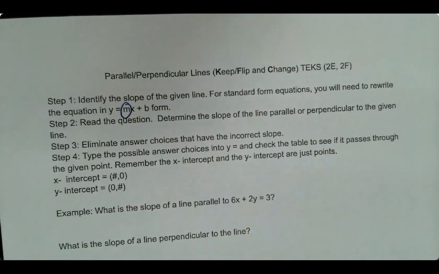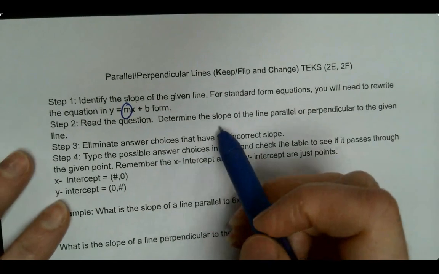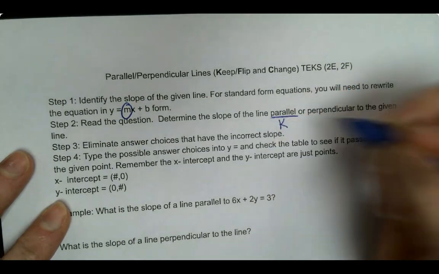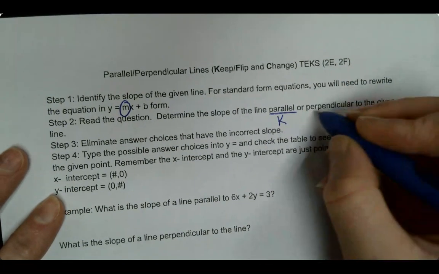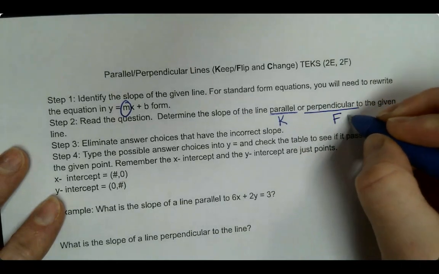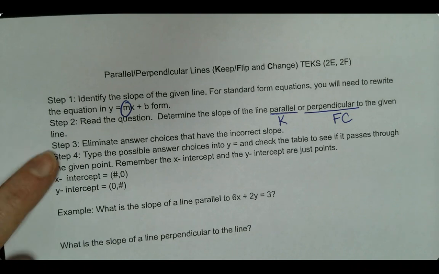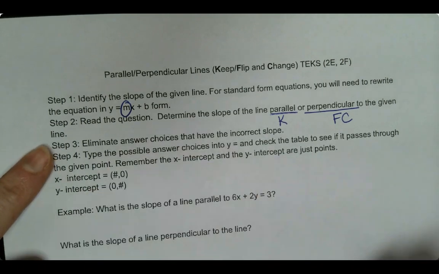Then you want to read the question and determine the slope of the line. Parallel means keep, perpendicular means flip and change. So you got to know which one you're doing. Either you're keeping the same slope or flipping and changing, depending on if it's parallel or perpendicular. Then, step three, eliminate answer choices that have the incorrect slope. Normally, you can narrow it down to 2 answers.